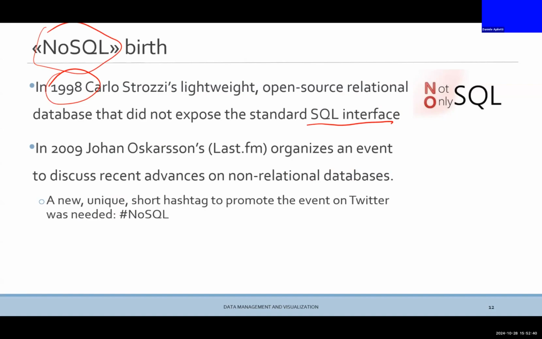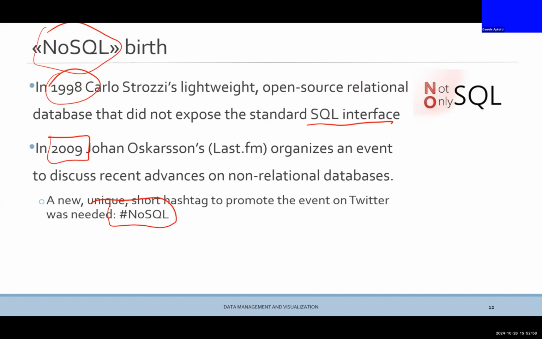Instead, we refer for the first time to NoSQL as a hashtag, which is in 2009, okay? They were organizing an event to promote this new class of databases, okay?